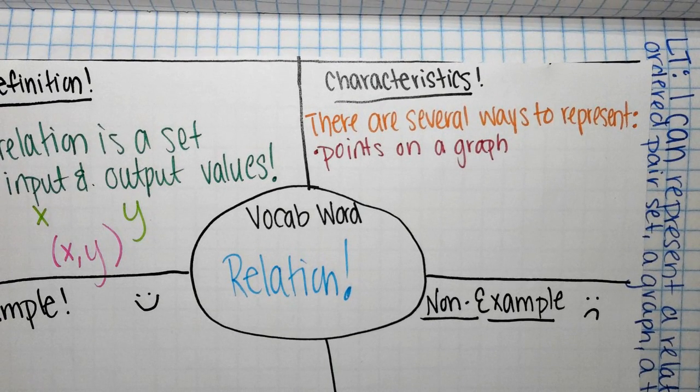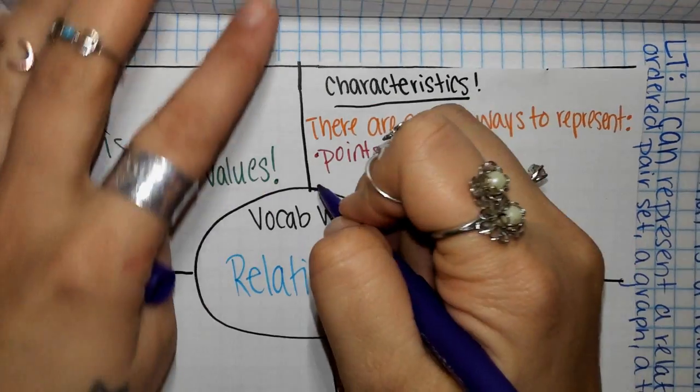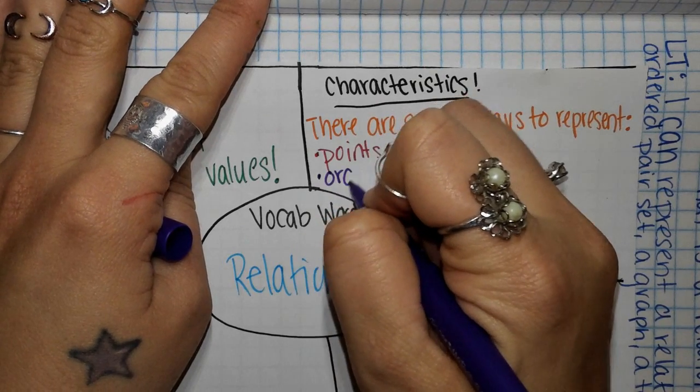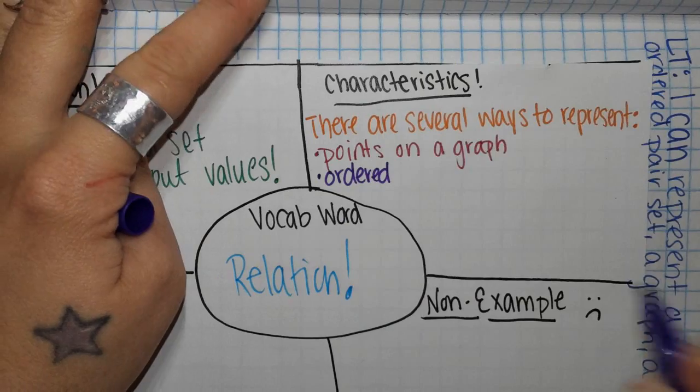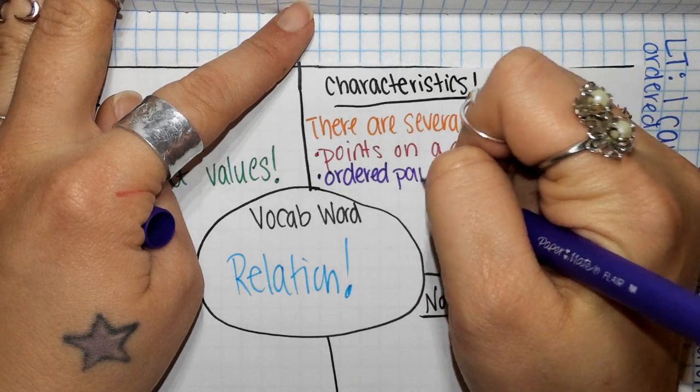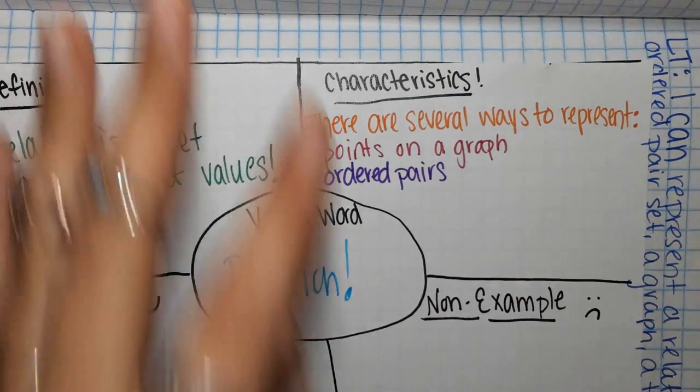Now we said that they were called coordinate pairs, correct? Does anybody know another word for those? Starts with an O. Ordered pairs, awesome. All right, so we can represent it as points on a graph or ordered pairs.